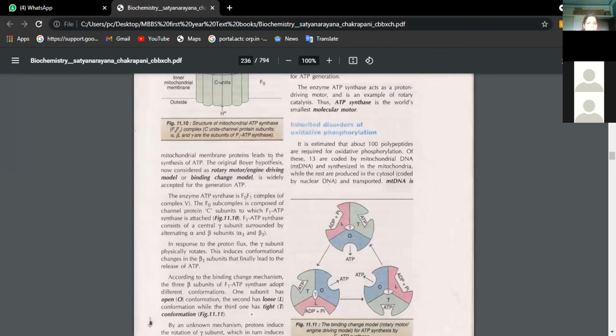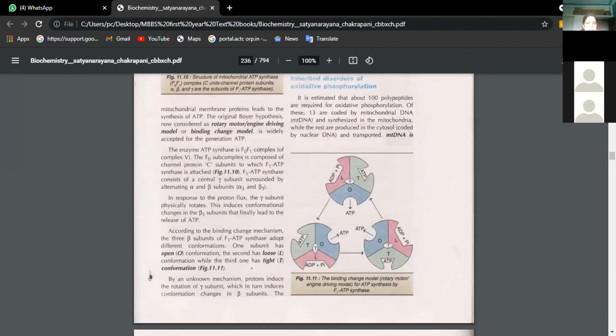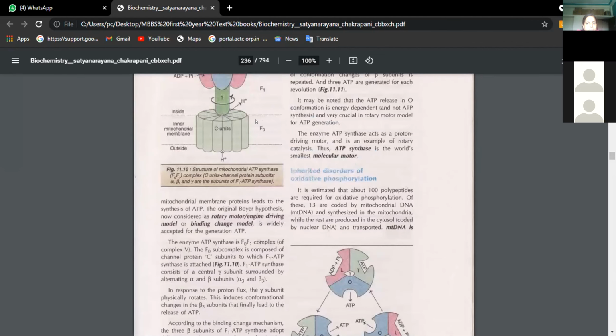See, the mitochondrial membrane is leading to the formation of ATP. The original Boyer hypothesis is now considered the rotary motor engine driving model. The enzyme ATP synthase has F0 and F1, enzyme complex 5. The F0 subcomplex is composed of channel protein C.